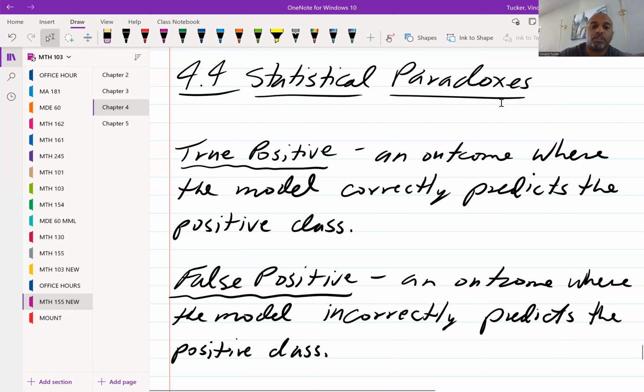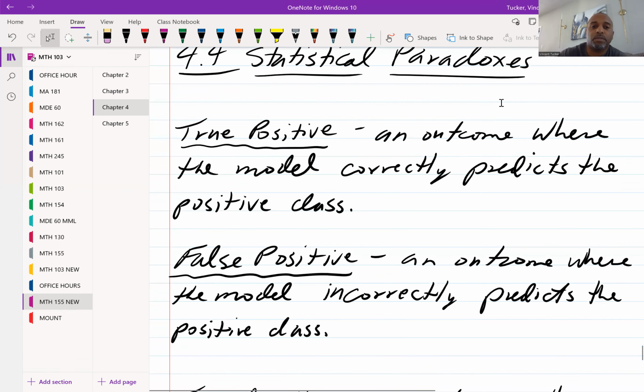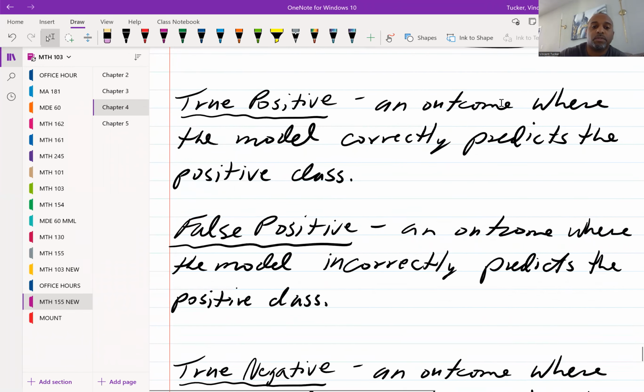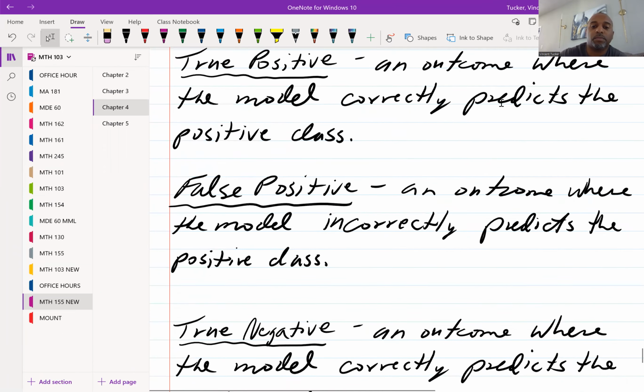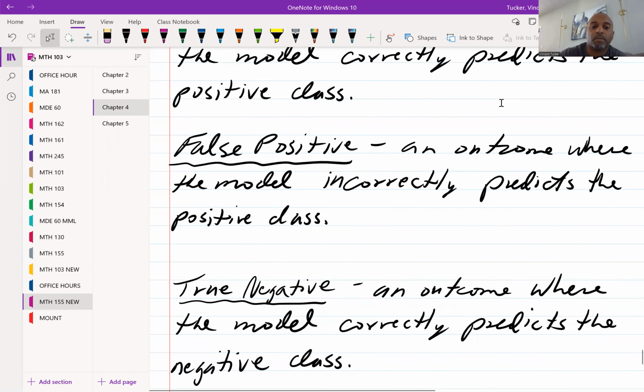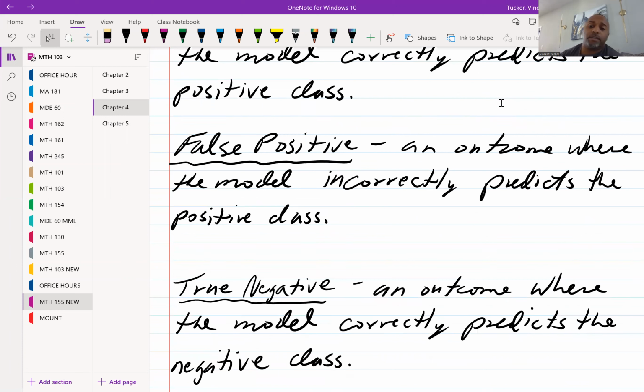All right, anybody holding on a true positive? Scroll up some. A true negative is an outcome where the model correctly predicts the negative class. And then, of course, the final one will be a false negative. That will give you a chance to write down the stuff.